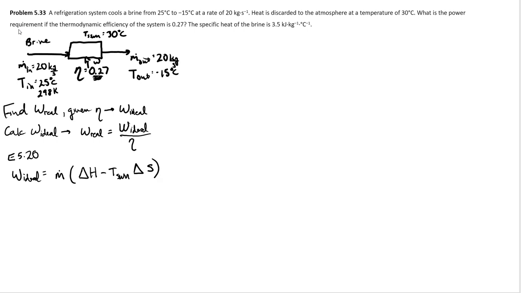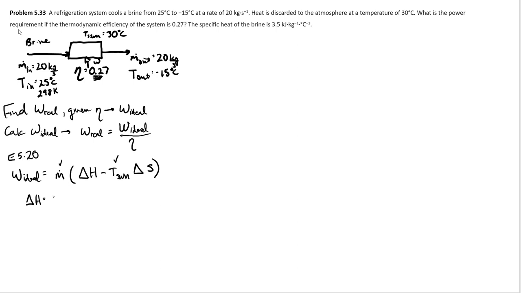And remember these equations were derived for an open system where we have one stream entering, one stream leaving. We know what m dot is, all right? We know what T surroundings is. Do we know what delta H is? Delta H is equal to what?